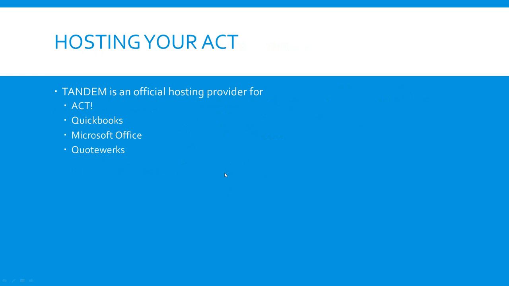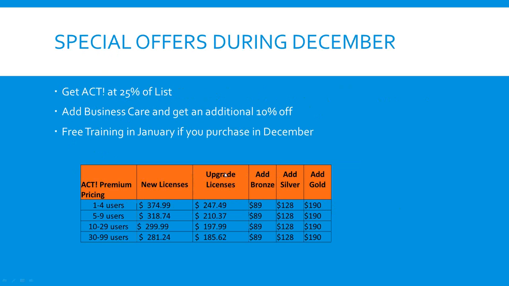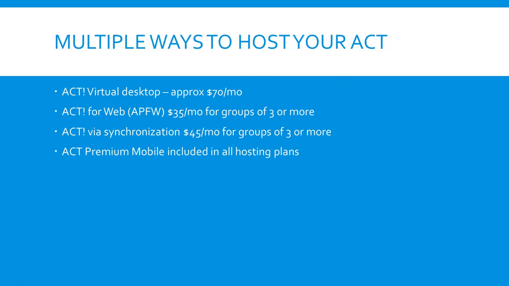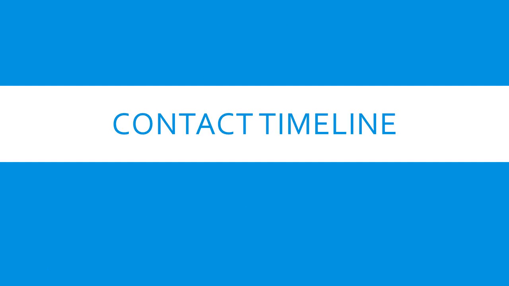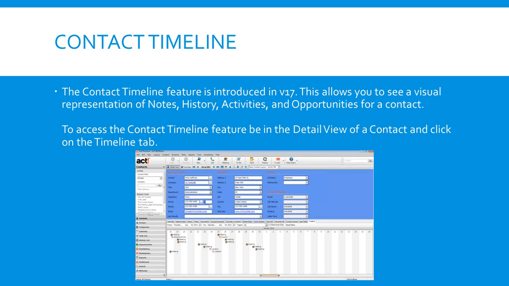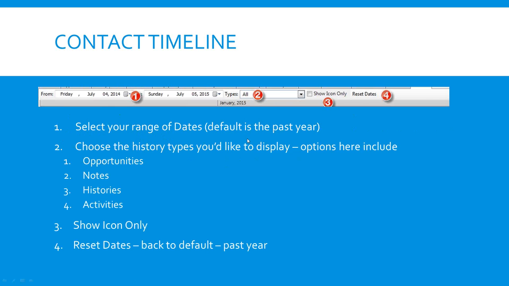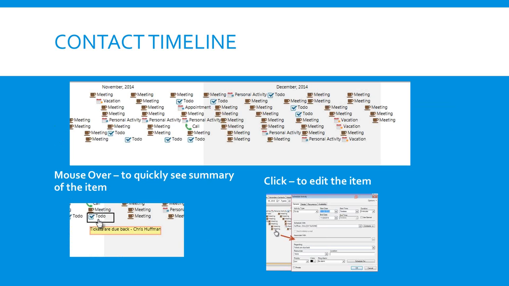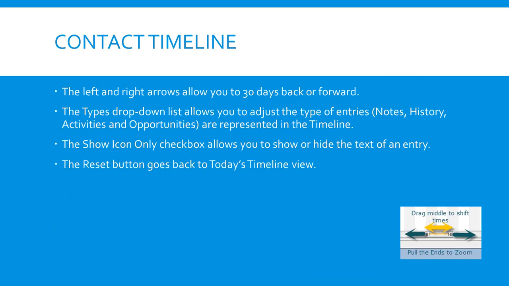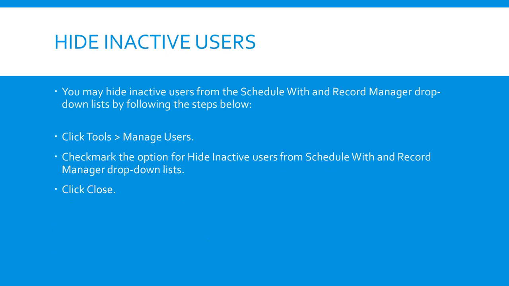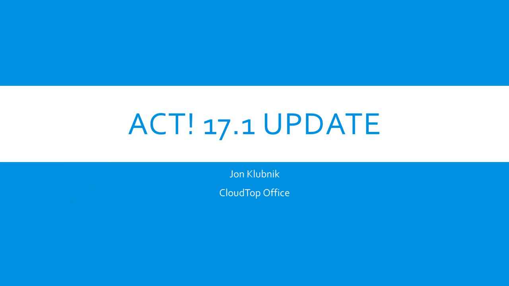So let me go to the 17.1 piece. Okay, so this is the contact timeline that we already talked about. Hiding inactive users we talked about.